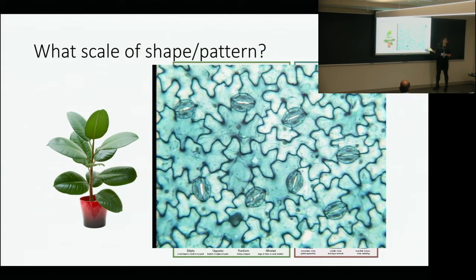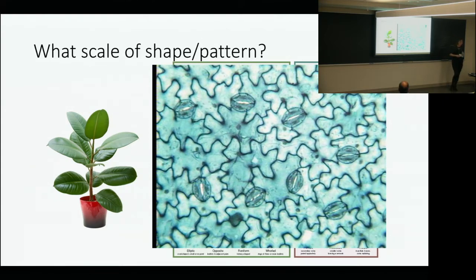It's basically a jigsaw puzzle, but it's very frustrating because there is no pattern that you can match. These cells here are stomata, which you may be familiar with. They open and close and allow the plant to exchange gases so it can photosynthesize and make all of the carbon into solid state so that you can eat it. It's very useful.